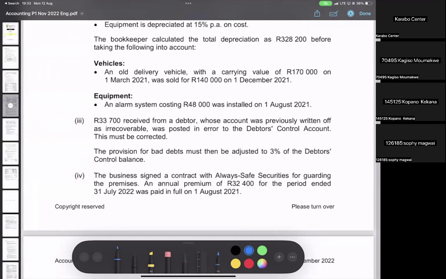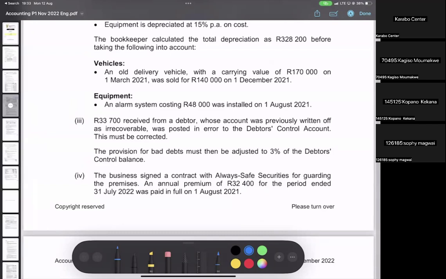So the mistake that we need to correct is that they recorded this on the debtors control account as if the person was still a debtor that had not been written off and was still expected to pay. Remember, guys, someone who has been written off is someone that the business says, no, we give up on this person.